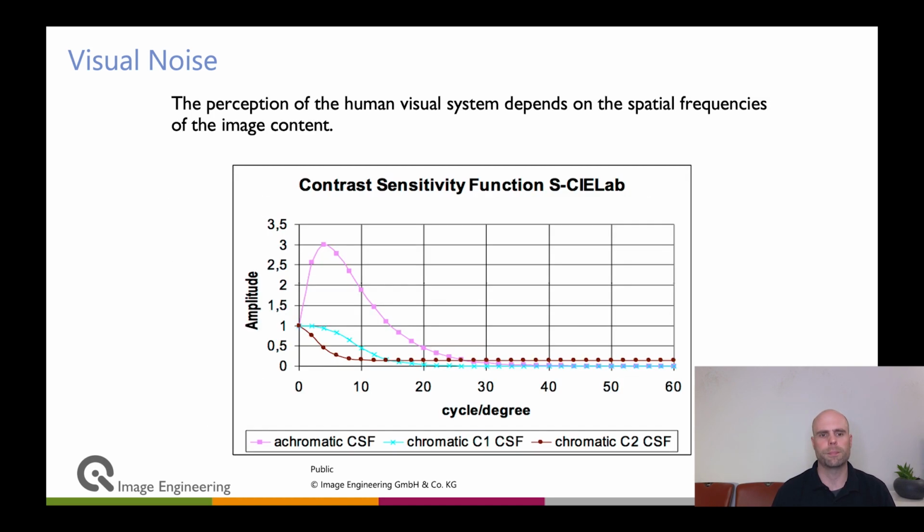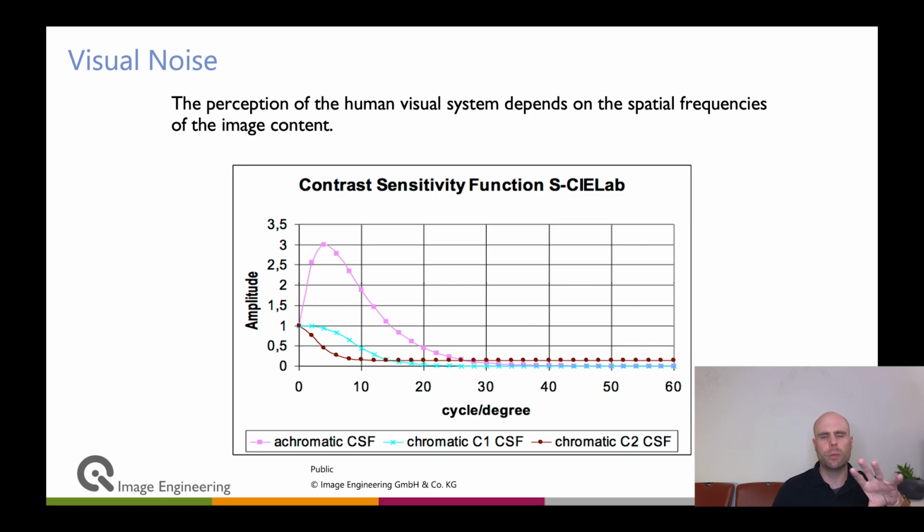will remain the same. Okay, how do you describe perception or the human perception? What we use for that is the so-called contrast sensitivity function, CSF. The ISO standard uses the SCLAB contrast sensitivity function that describes how well a human observer perceives spatial frequencies. The typical behavior there is that very low spatial frequencies are not perceived that well.